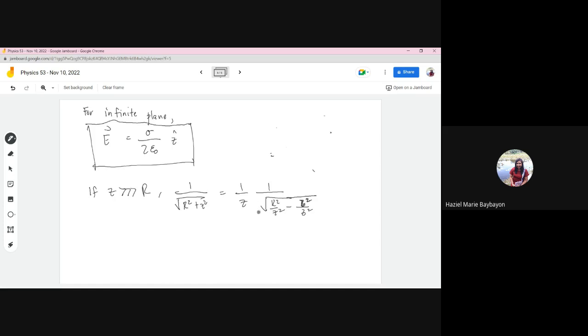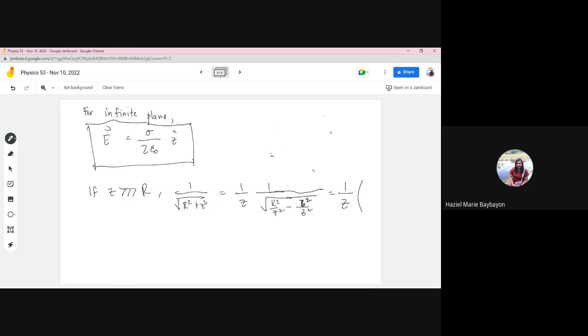So you have this one. Kung ibalik ni siya nako diri, this will become r squared plus z squared lang gihapon. Sakto ba? So 1 over z multiplied by 1 over the square root of r squared over z squared plus z squared over z squared is just equal to this one. So gipagawas lang nato ang z para we will have binomial expansion.